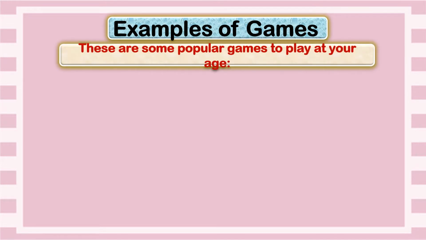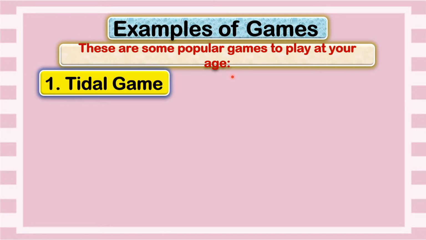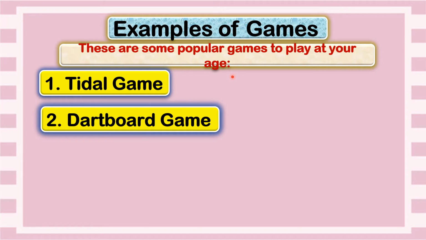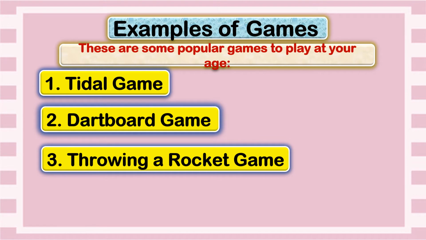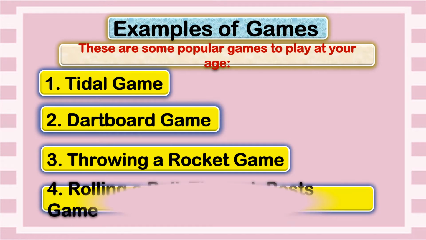Now, today we will learn about the different examples of games. And these are some popular games to play at your age. The first one is the Tidal game. Number 2, Dartboard game. Number 3, throwing a rocket game.